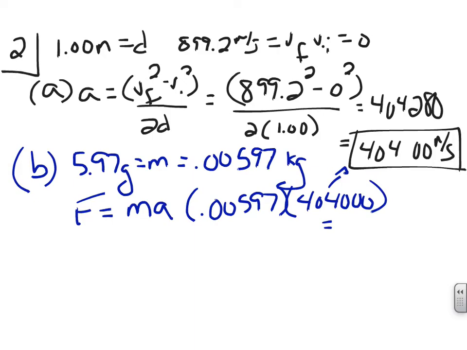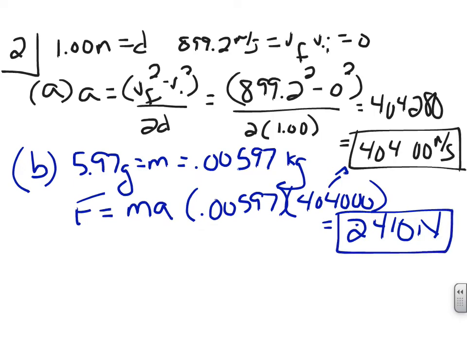If we plug that in, after rounding, we end up with 2410 newtons. So that's how much force the gun pushes the bullet with, and that's how much force the bullet pushes the gun with in the opposite direction, which is why the gun gives you a little love tap after you shoot it.